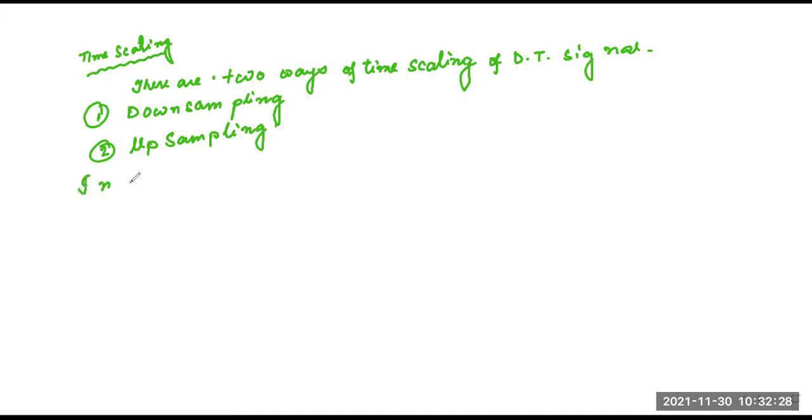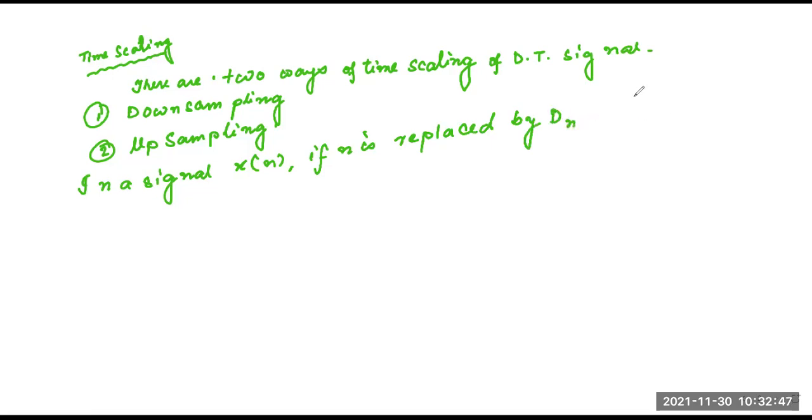So in a signal x[n], if n is replaced by d n, where d is an integer, then it is called downsampling.